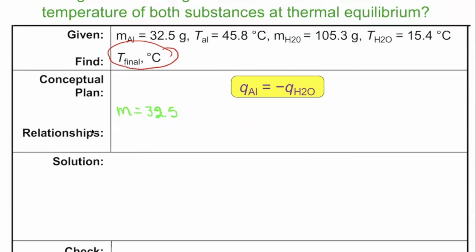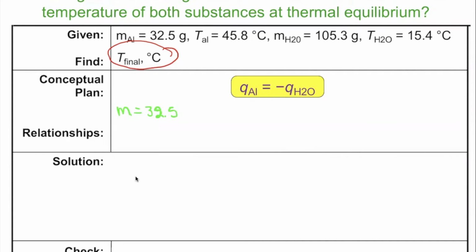So let me see if I can do it here, if I have enough space. Okay, I think I should be able to. So first we want to recall the equation, right?